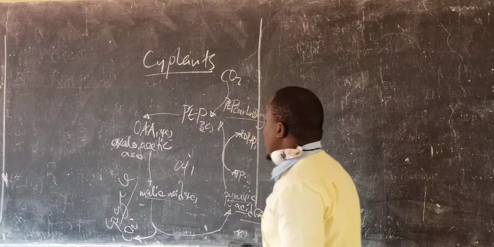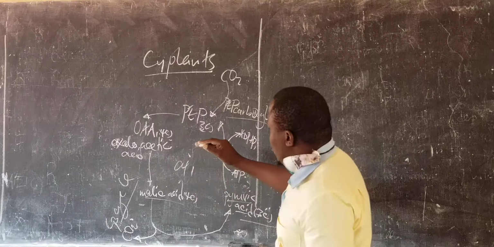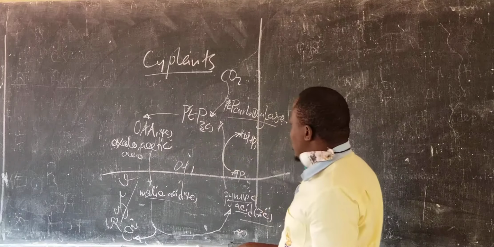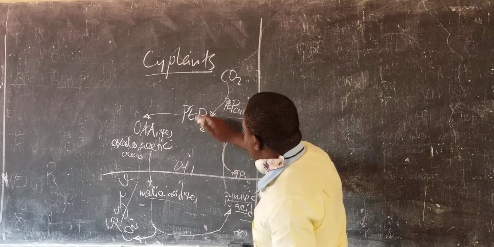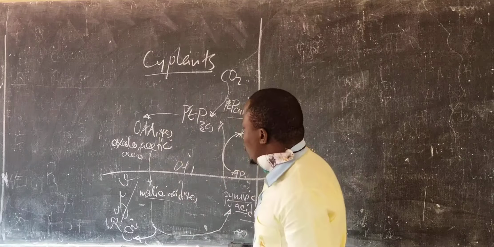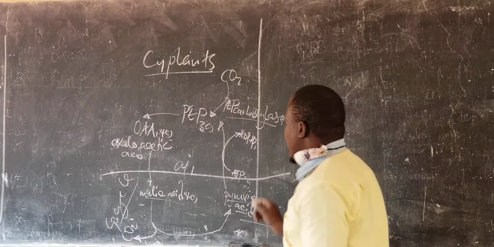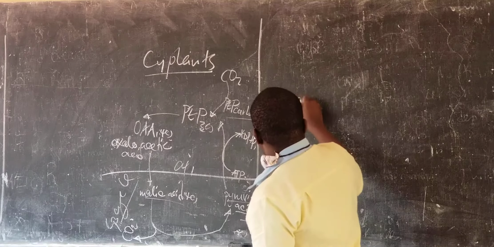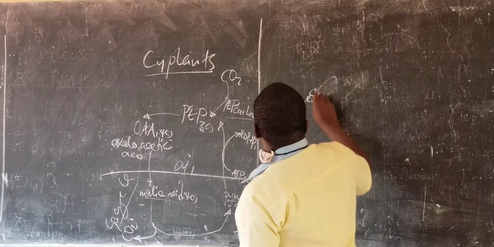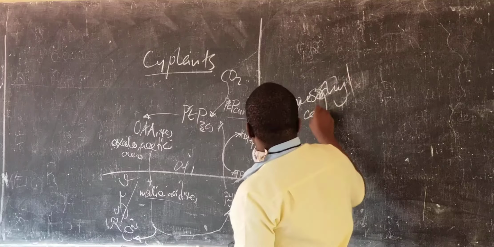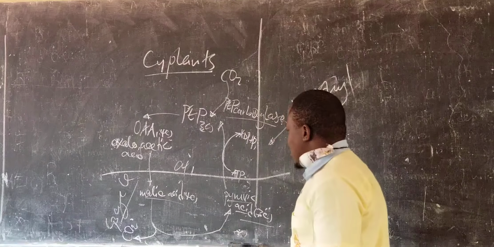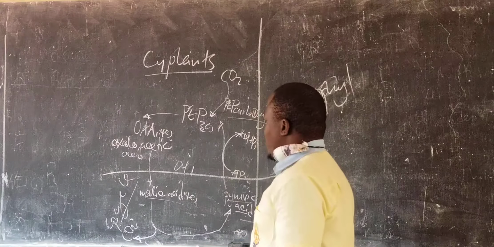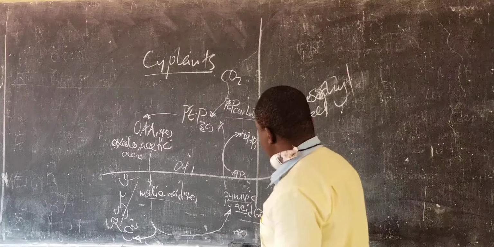Something unique about the C4 cycle is that it occurs in separate cells. PEP accepting carbon dioxide in the form of oxaloacetic acid occurs in the mesophyll cells. Then malic acid forming pyruvic acid and regeneration of PEP, and the fixation of carbon dioxide into the Calvin cycle, or what we call the C3 cycle, occur in the bundle sheath cells.